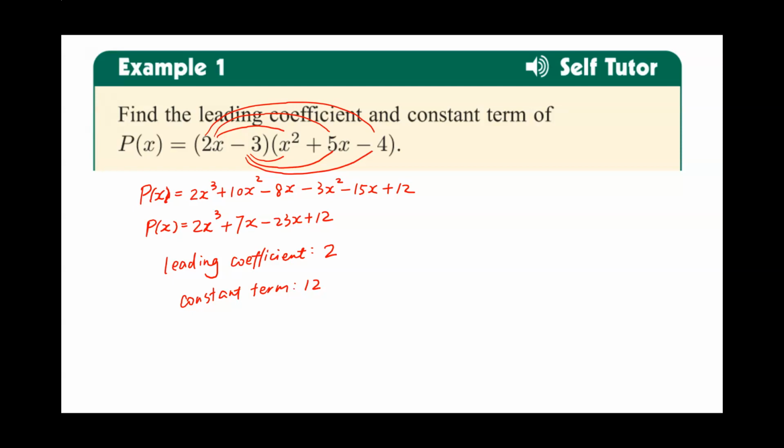The leading coefficient can only be achieved by times the 2x with x to the power of 2, because 2x is the highest one in the first linear factor, and x to the power of 2 is the highest in the second part, which is the quadratic. So you know the leading coefficient would have to be 2. And same way with the constant term, it can only be achieved by times -3 and -4, in other words, the constant term in both factors.